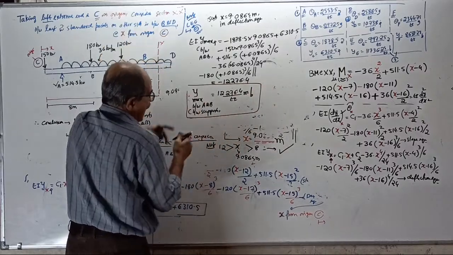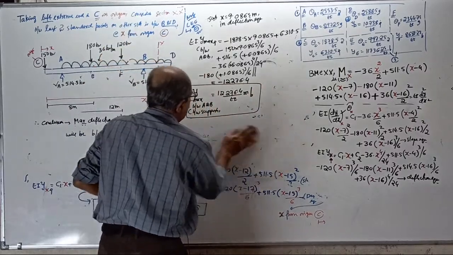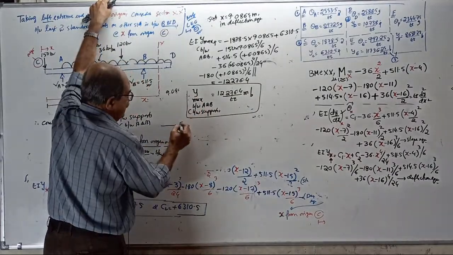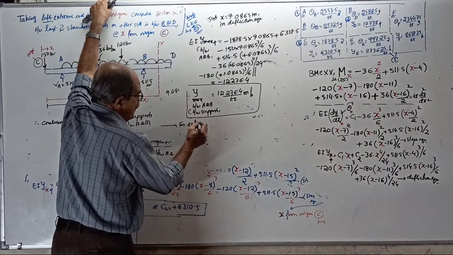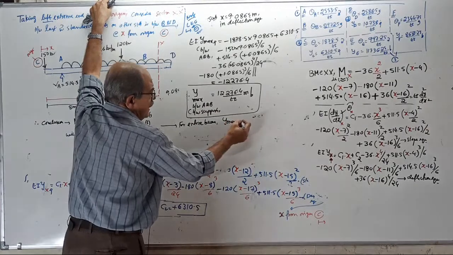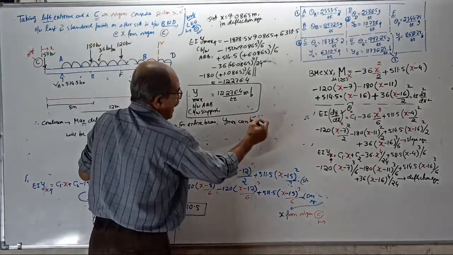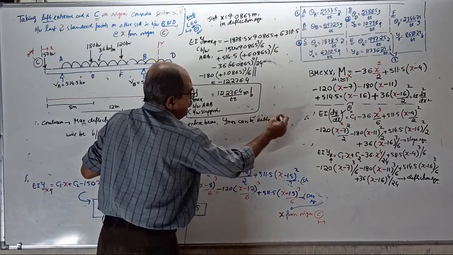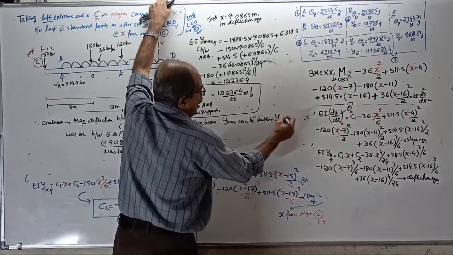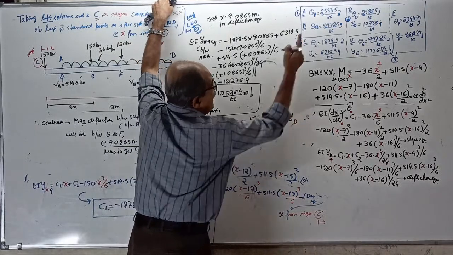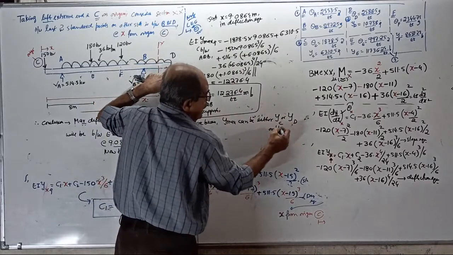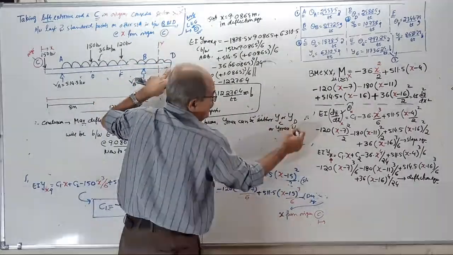As I explained earlier, for the entire beam, y max can be either deflection at the left extreme free end C, or deflection at the right extreme free end D, or y max between supports.